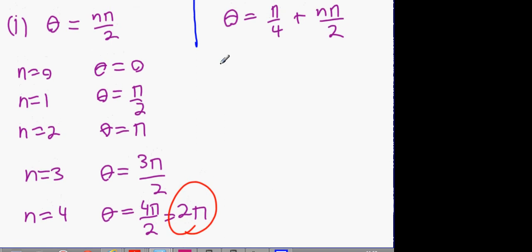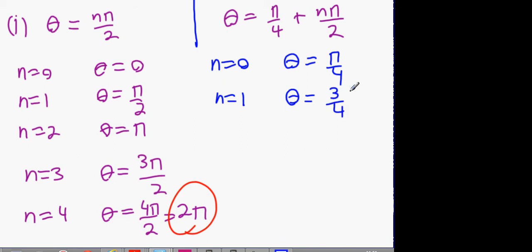Okay guys, continuing. Let's do the other side now. N equals 0 gets us theta equals pi over 4. N equals 1: what's a quarter plus a half? 3 quarters.